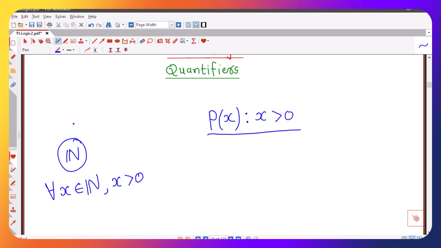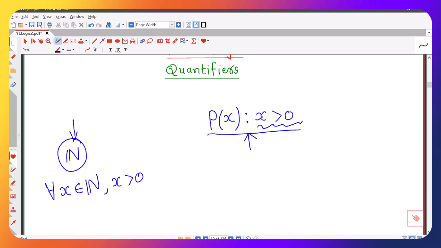So if I consider the domain as the set of natural numbers, then I can say that this statement function always has truth value true. So if we quantify the statement function, then we will obtain a statement.